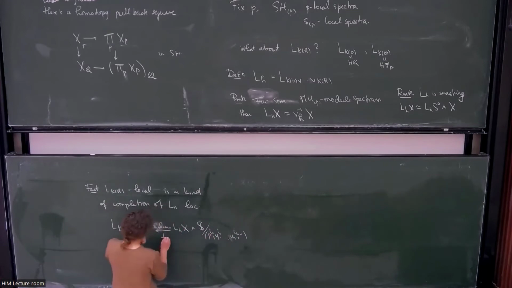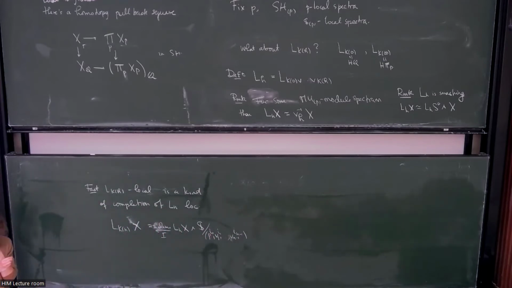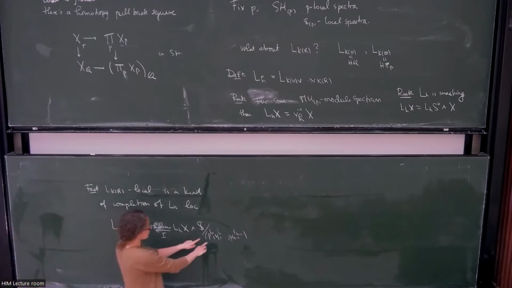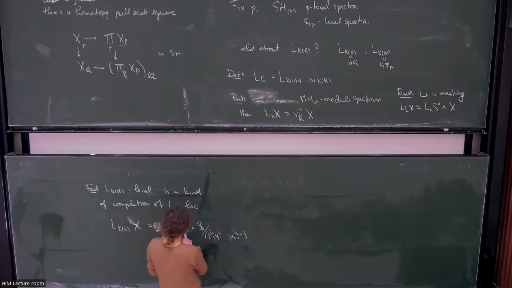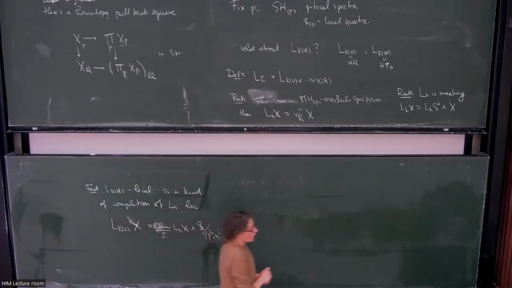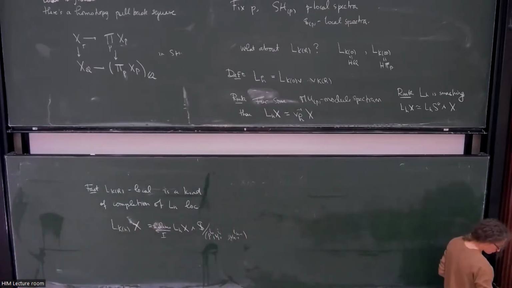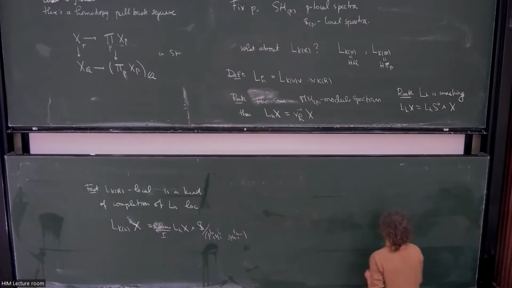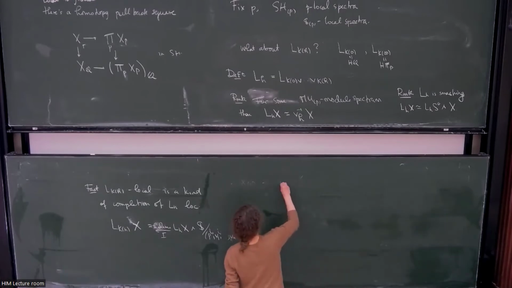Let's call this sequence I, and then L_{K(H)} of X is like this completion. You're completing with respect to the v_i's before the height that you have. These completions and localizations are complicated, but that's okay. Otherwise, I'd be out of a job.